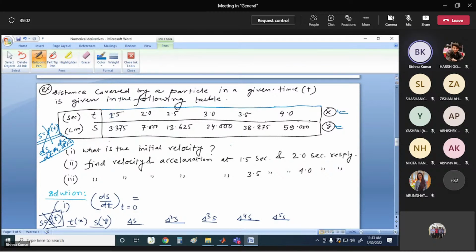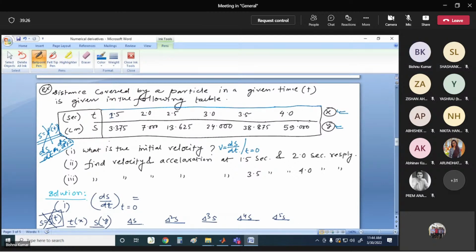Initial velocity means ds by dt. ds by dt is velocity v, and if it is initial, then t equals 0. If you consider t equals 0 initial, then t equals 0 is not the first point.